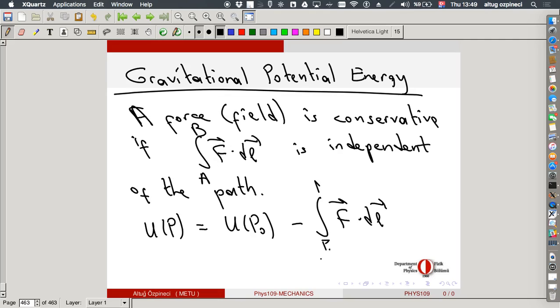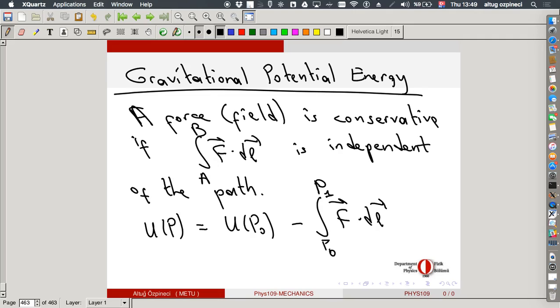But the force that I have exerted, if I'm not giving it any kinetic energy but just the potential energy, has to be equal to minus the force exerted on this thing by the conservative force. So this minus F is nothing but the force that I am exerting on this mass, if I'm lifting it from here to here.